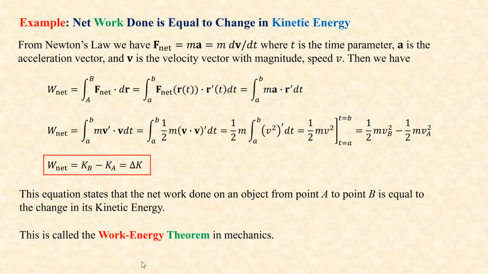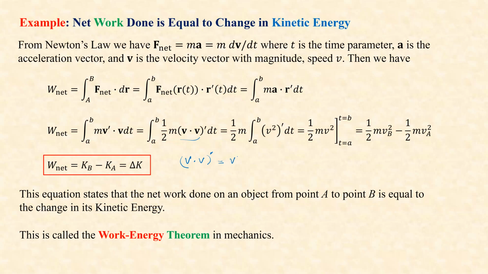Yeah, where does the 1/2 come from? From here. Let me explain in more detail. If you calculate this, you have v dot v prime. So we said that this is the derivative with respect to time.